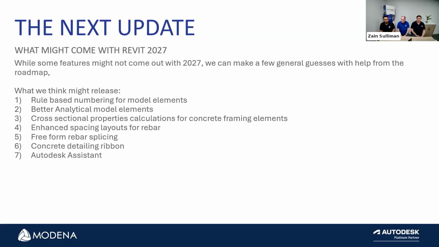So this feature I left for last because I know it's going to be a bit of a talking point. Your Autodesk Assistant will be able to pull out schedules. If you've seen the Autodesk University presentation on the Autodesk Assistant, it was insane. I mean, the possibilities that are going to come out with these updates.